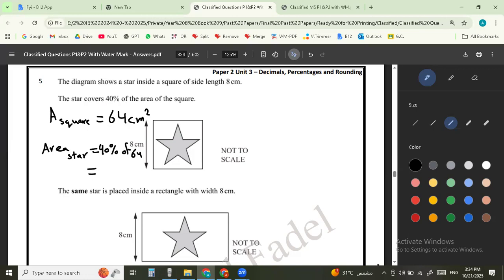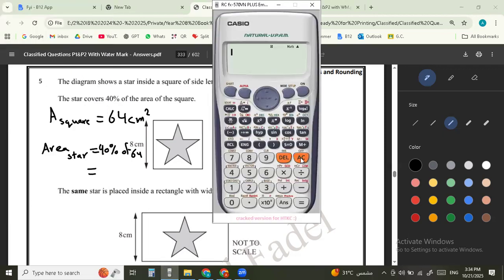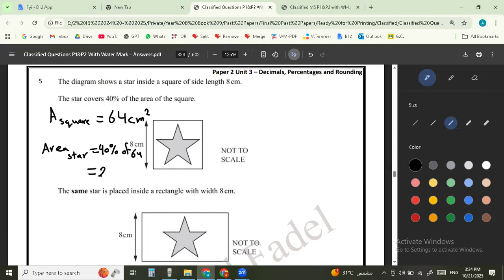Well, it's paper 2. In paper 1, you learned how to practice this without a calculator, but in paper 2, don't waste your time on calculating things. So I'm going to just do 0.40, which is 40%, multiplied by 64, is going to be exactly 25.6 centimeters squared. This is the area of the star.